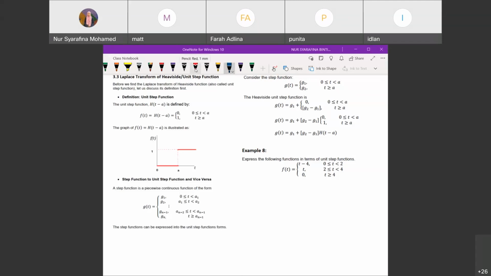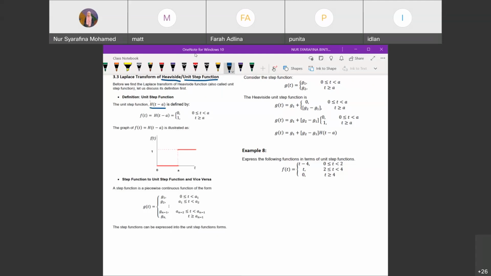Before we find the Laplace transform of the Heaviside function, or we can call it the unit step function, let us discuss the definition. So what is the Heaviside or unit step function? The unit step function is defined by h(t minus a). So this is the unit step function or Heaviside function.